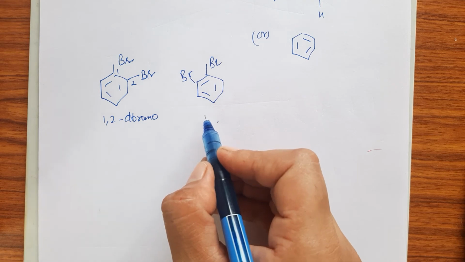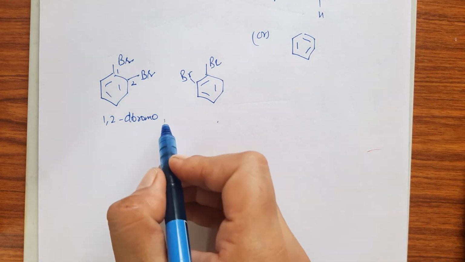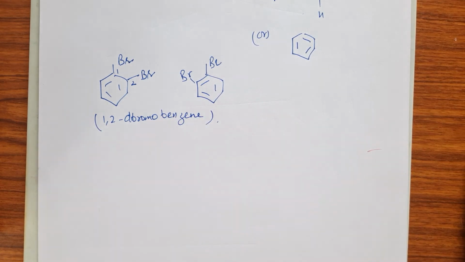This should be the product. The name of both compounds is 1,2-dibromobenzene. So according to the Kekulé structure, when we do the bromination of benzene, there should be formation of two isomeric products.